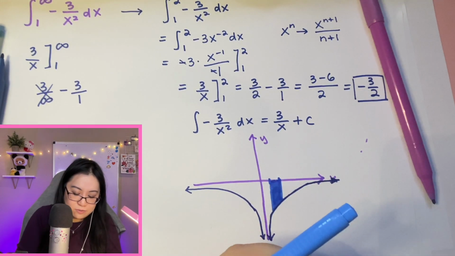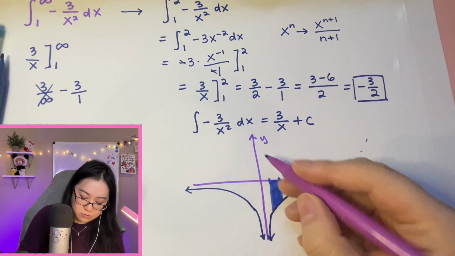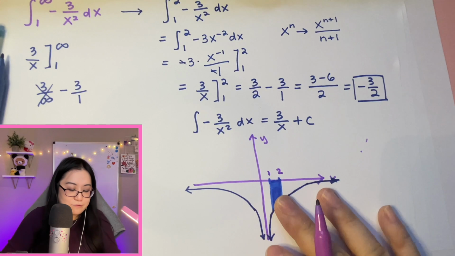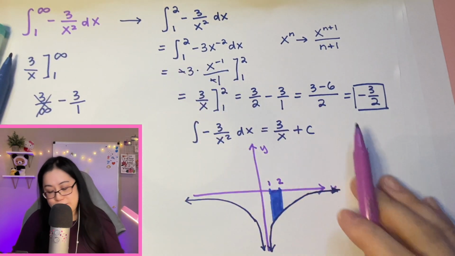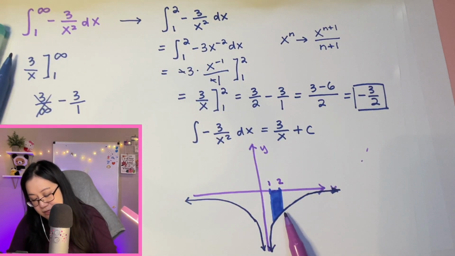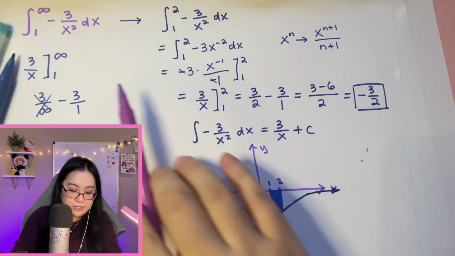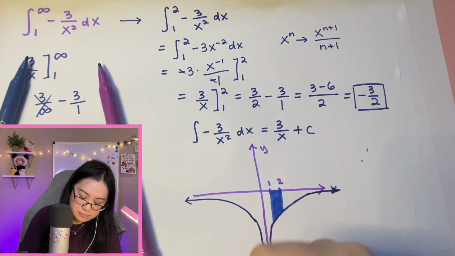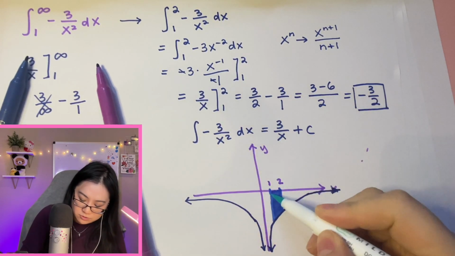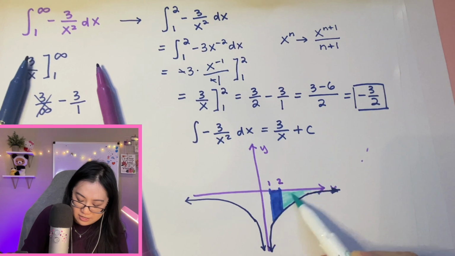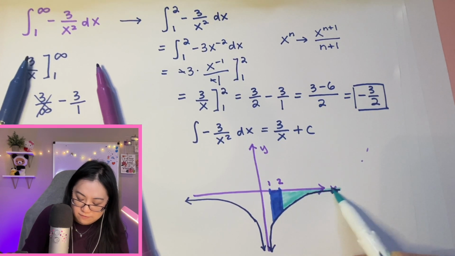So now that works for 1 to 2, but what happens if we're going to go from 1 to infinity? What does that even mean? It means that the upper bound is infinity, right? That means that we're starting from 1, covering all of that blue part, and then we're going to keep going, and we're going to keep adding to infinity.